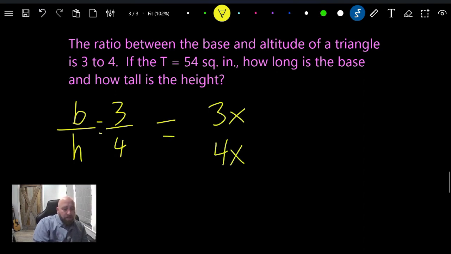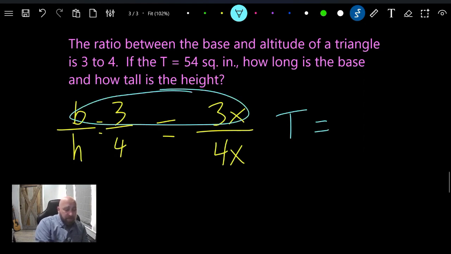Okay? So again, this is in proportion to each other. This is in ratio to each other. So now this right here ends up being our base, and this down here ends up being our height. So now if we plug that into our formula, we get triangle area equals base.